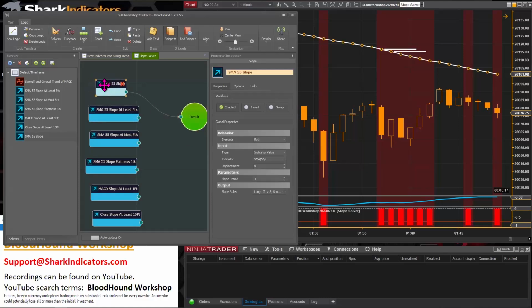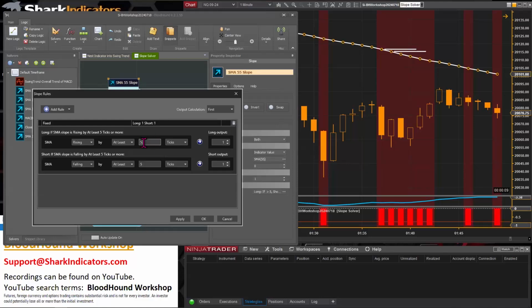All right, so let me go into this solver and into the rules window here, and let's just remove the ticks requirement. So now we're looking to see, is the SMA rising at least 0 ticks? In other words, any amount, doesn't matter.